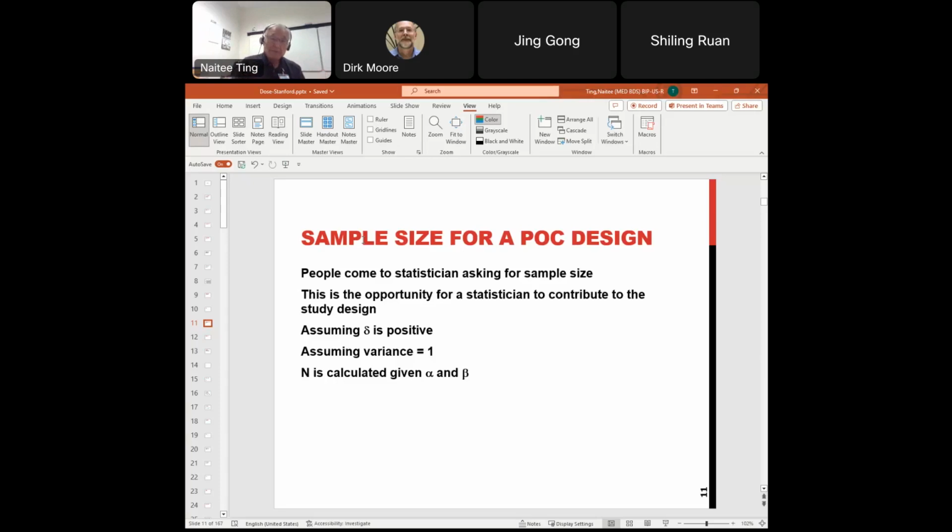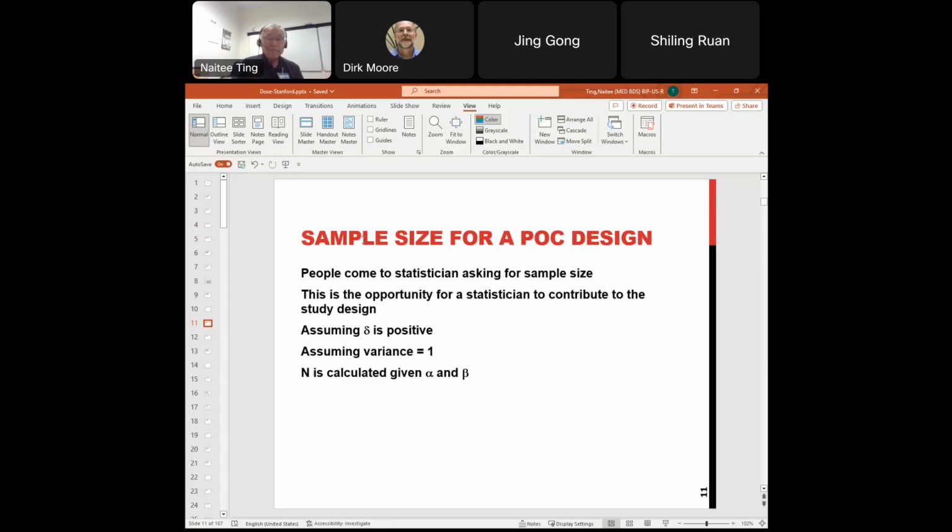We look at published materials and we look at drugs of the same class, and we may guess this sigma. All right. So among the four quantities, alpha, beta, delta, sigma, the easiest quantity is sigma, and the most difficult quantity is delta. So how much treatment efficacy does this drug deliver? We don't know. All right.